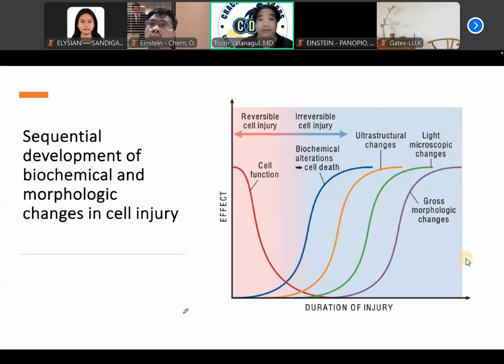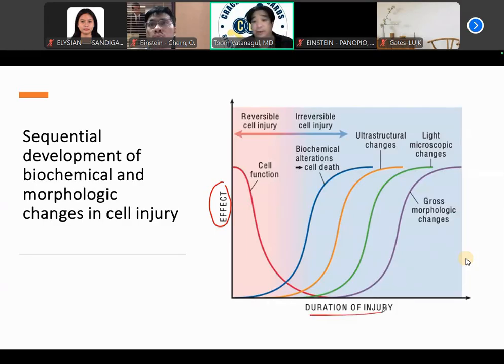Now, allow me to share this figure from our text. This is the sequential development of biochemical as well as morphologic changes in cellular injury. So this is the effect here on the vertical axis. On the horizontal axis is the duration.